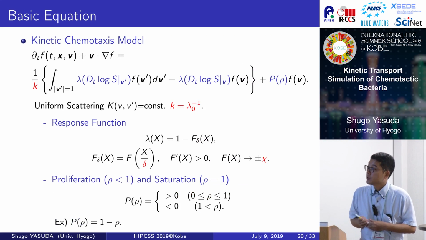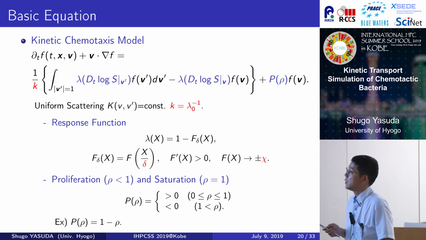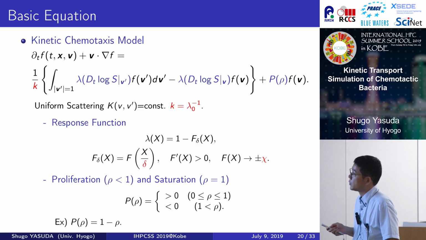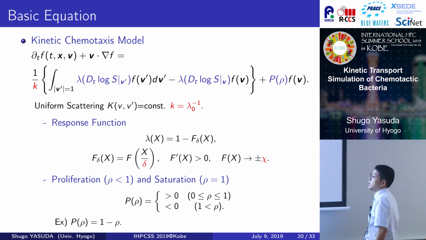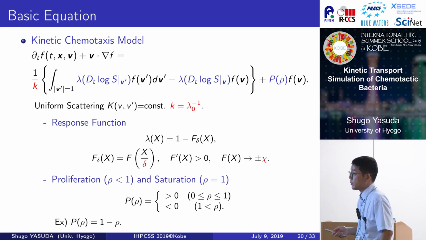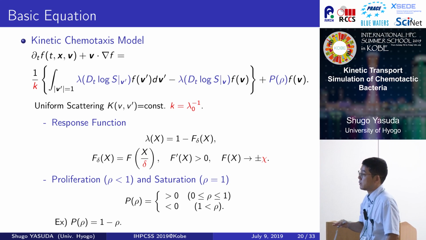So again, we consider this pattern formation based on the kinetic chemotaxis model. But for this model, we consider the proliferation of bacteria, which is written in this term, the last term of this. P is the proliferation rate. And this term considers the proliferation when the density is lower than the saturation density.